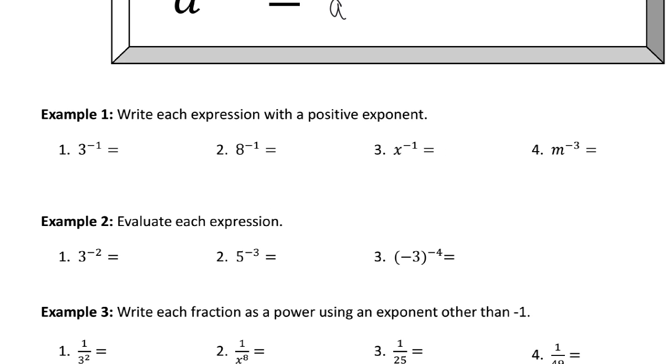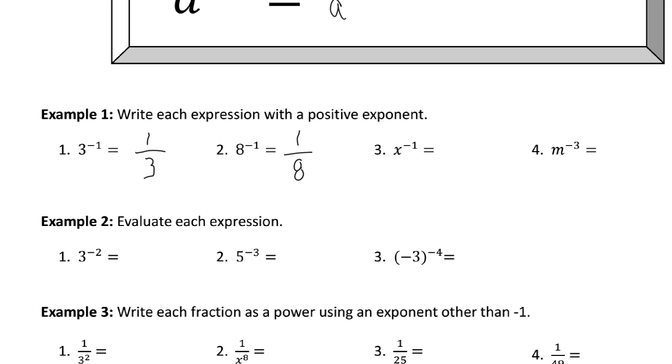So write each expression with a positive exponent. So what that means is just use the property above. So this is really 1 over 3. And 8 to the negative 1 is 1 over 8.